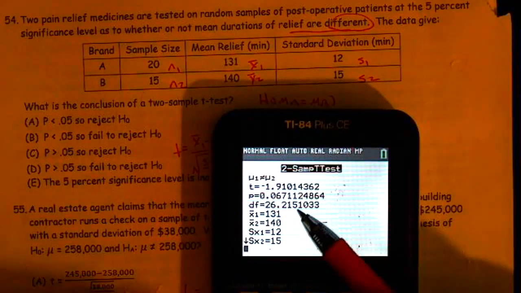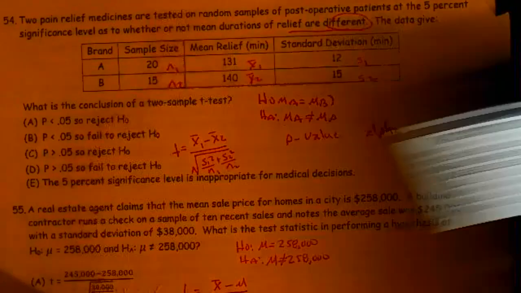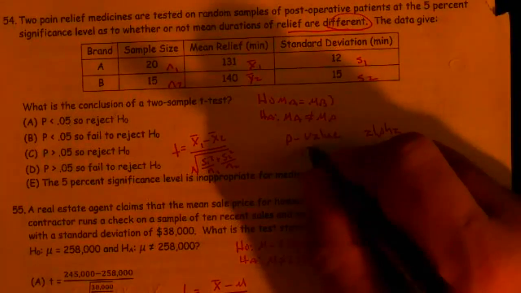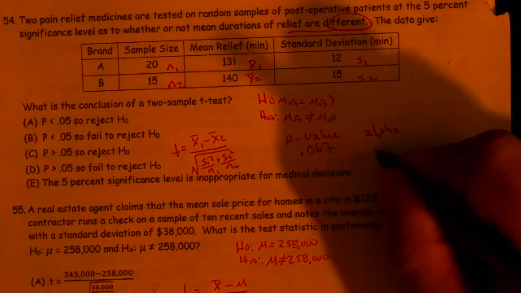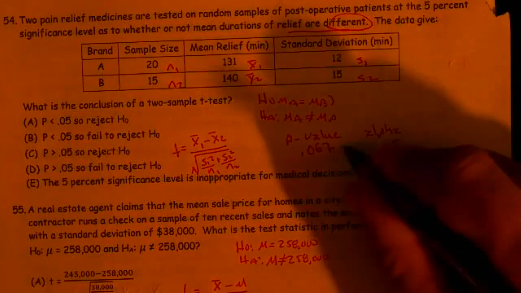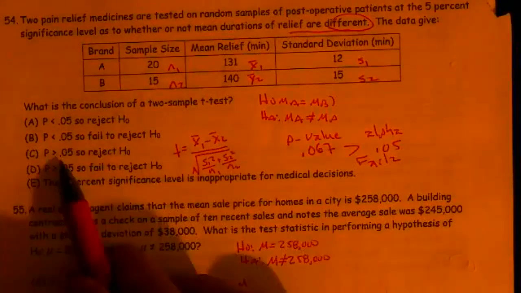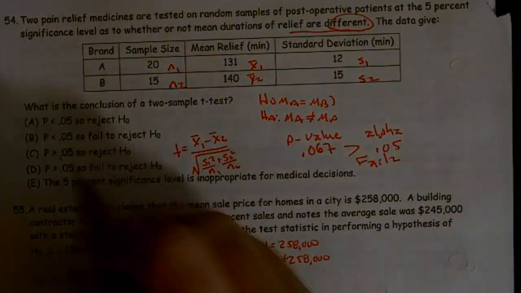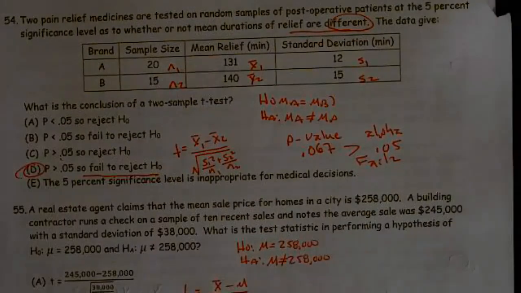And I end up getting a p-value of 0.067. My alpha level was 0.05. This is greater, so we're going to fail to reject. So p is greater than 0.05, so fail to reject. So our answer choice number 54 is D.